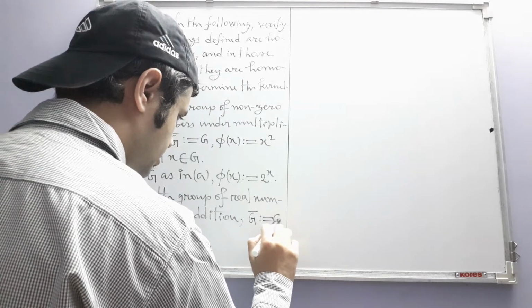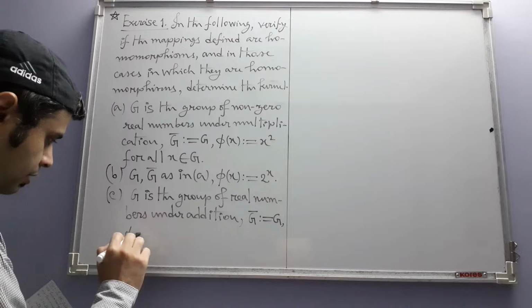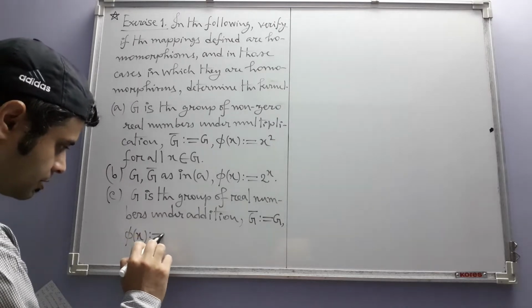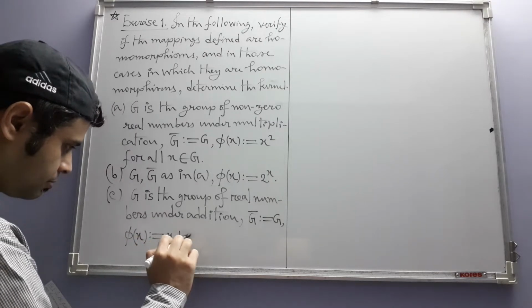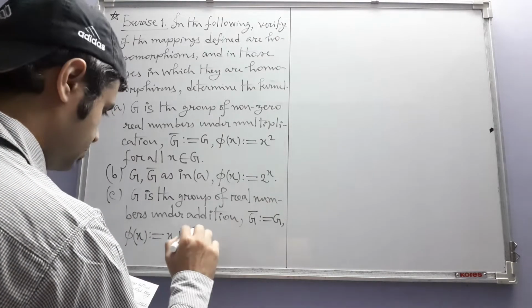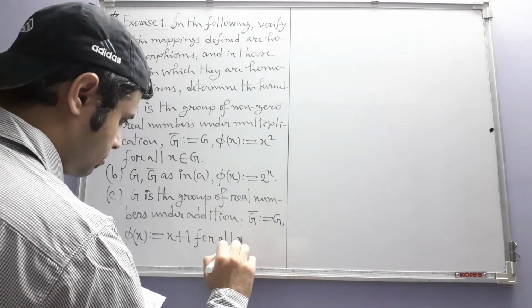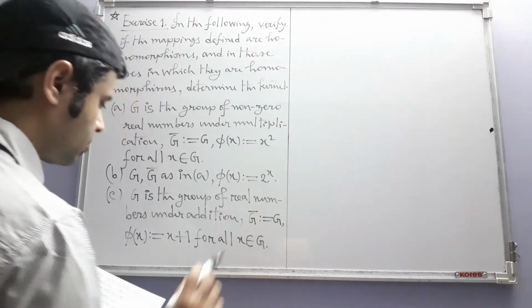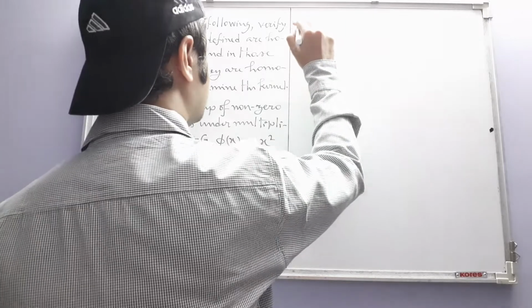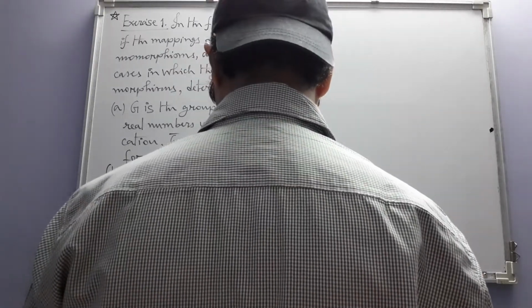G bar is the same as G and the function phi maps x onto x plus 1, for all x belonging to G. Then two more parts are there.